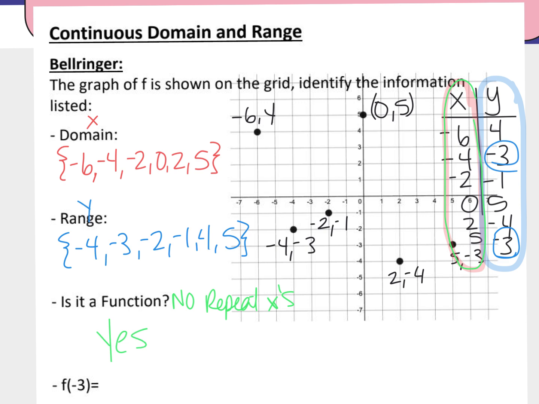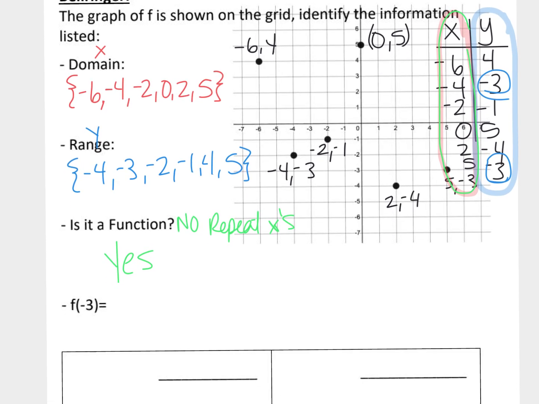We also talked about function notation this week. So f of -3, remember we talked about f of x. So this is saying where x is -3. So if I come over here to my graph, here's where x is -3, but if you look, there are no dots.